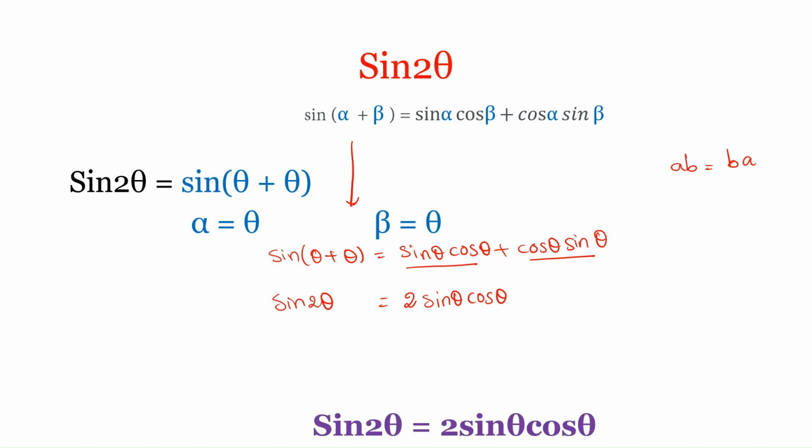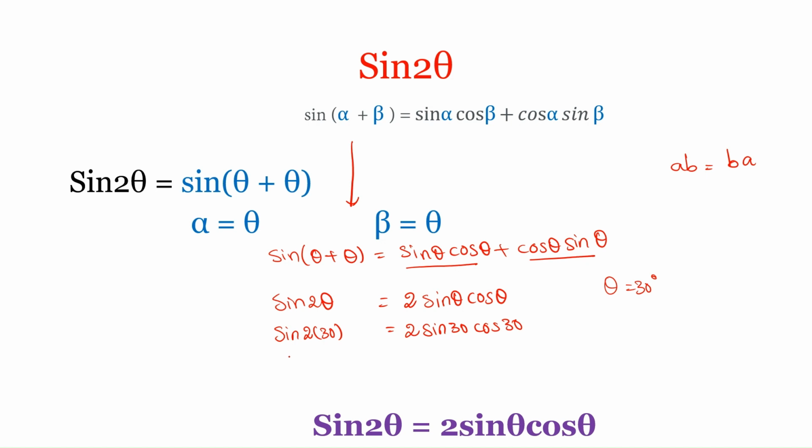This is the formula. To verify this formula, we can just substitute theta with any value. Here, let us try substituting theta with 30. Now, if you substitute 30, what will happen here? Sine 2 into 30 is equal to 2 sine 30 cos 30.